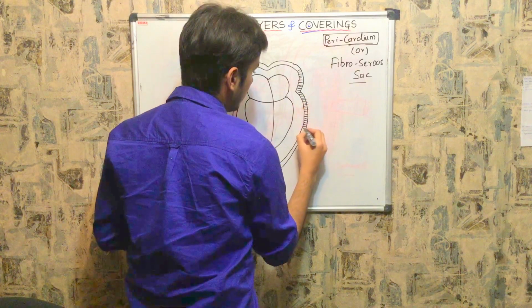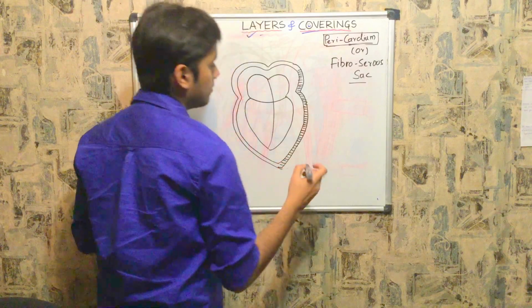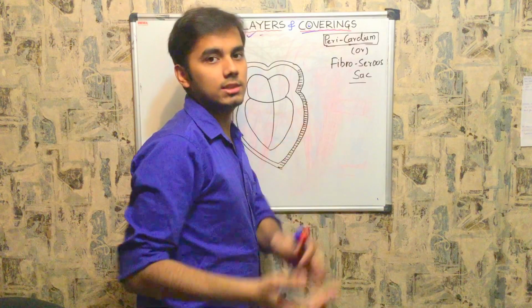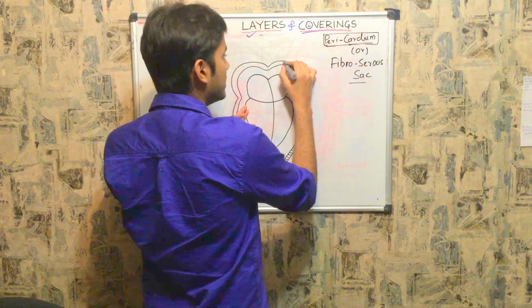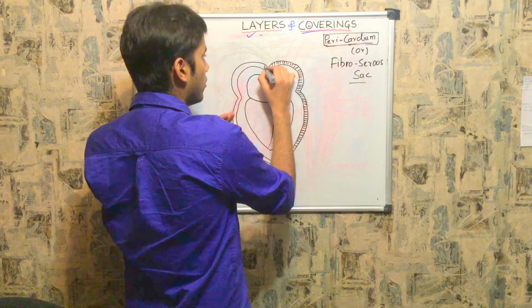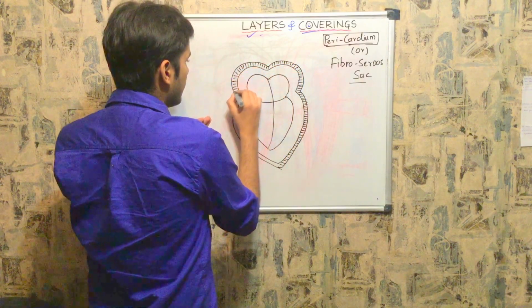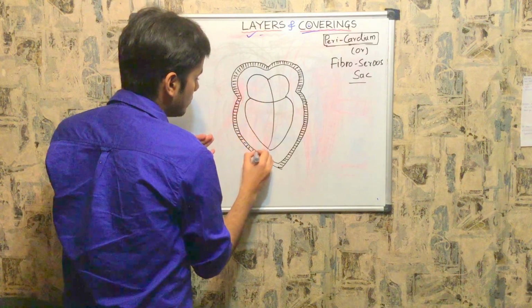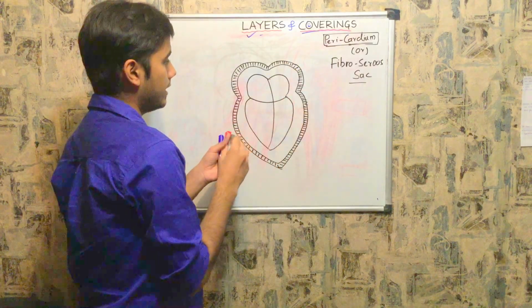This outermost covering of the heart is thick, or looks fibrous, because histologically it is made up of loose connective tissue as well as dense connective tissue. So the entire appearance will be fibrous or dense, right? So you call it the fibrous pericardium. This is your outer part, the fibrous pericardium.